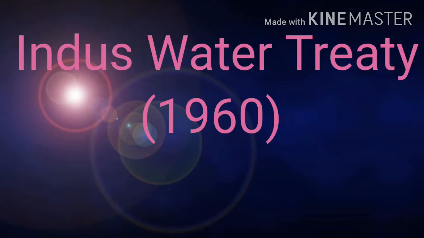Students, where does the Indus River originate? Yes, the Indus River originates in Tibet near Lake Mansarovar. Students, do you know what is the total length of River Indus? Yes, the total length of River Indus is 2900 kilometers.